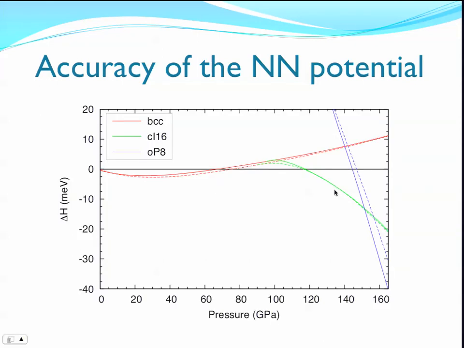Another important thing is that the transition pressures are very well reproduced with the neural network. The lines here represent density functional results, and the dashed lines represent neural network potential results. Absolutely the same description.